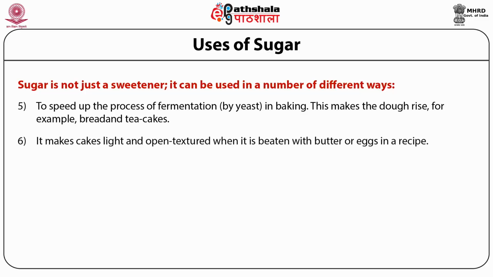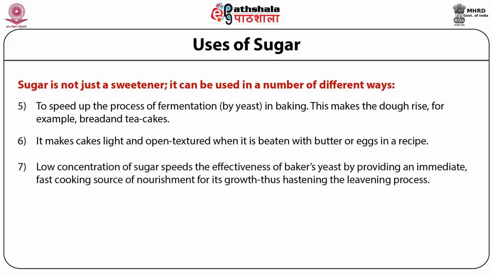It makes cake light and open textured when it is beaten with butter or egg in the recipe through the process of creaming. A low concentration of sugar speeds the effectiveness of baker's yeast by providing an immediate, fast source of nourishment for its growth, thus hastening the leavening process.